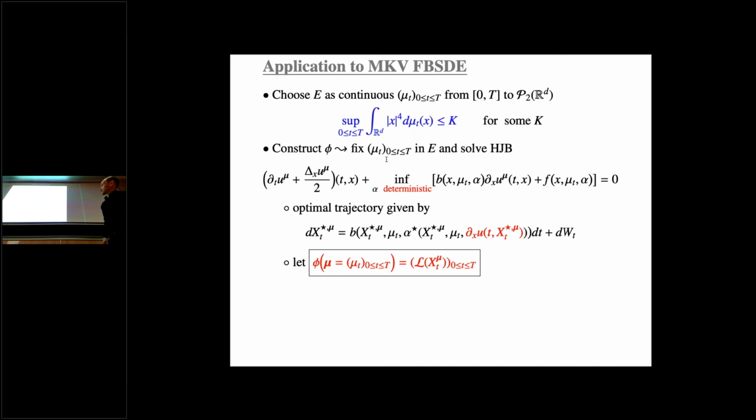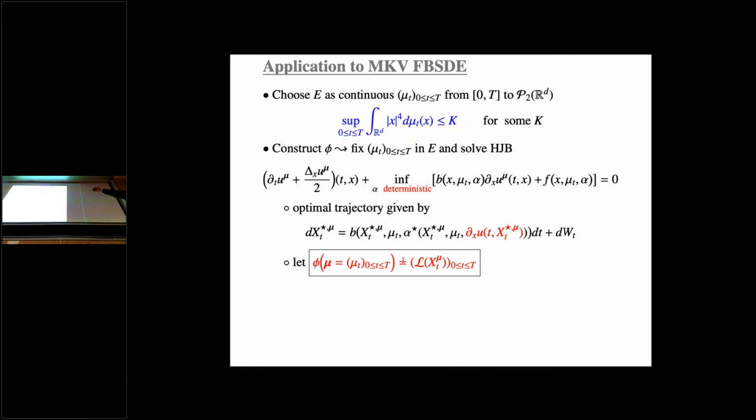Okay, now you say for such a mu, I am recalling the shape of the forward-backward system. So I do solve the HJB equation, and once I have solved the HJB equation, I put this into the forward equation, with alpha star minimizing the Hamiltonian, as I told you before, this is the optimal trajectory. And so what I'm going to say is that the image, this red box that you have here, is my mapping phi, and I want a fixed point for this phi.